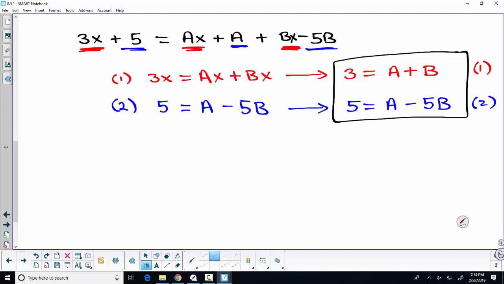So if I take equation 1 and I subtract off equation 2, what that gives me, I'll rewrite it here, 3 is A plus B. And then I'm subtracting off this equation, 5 equals A minus 5B.